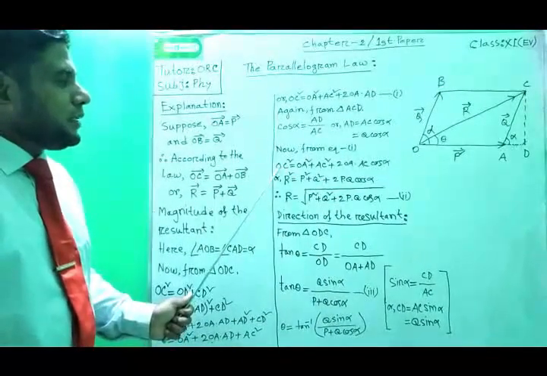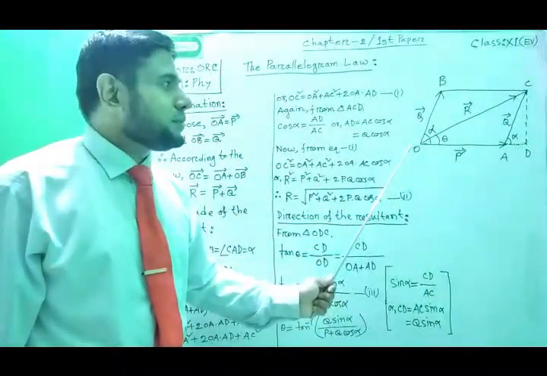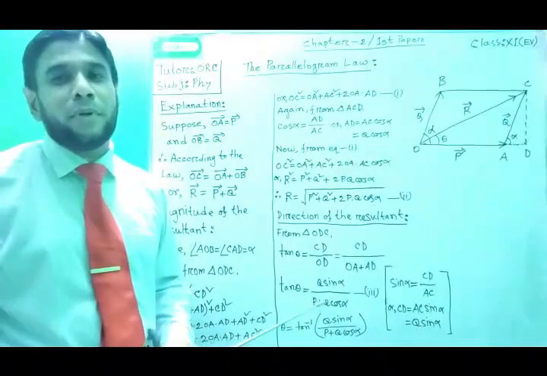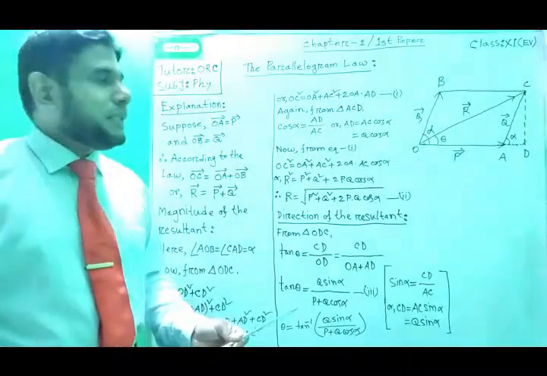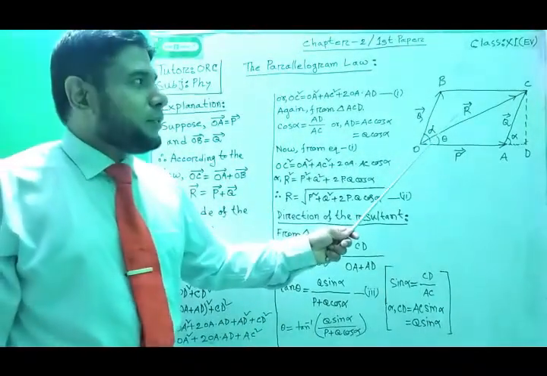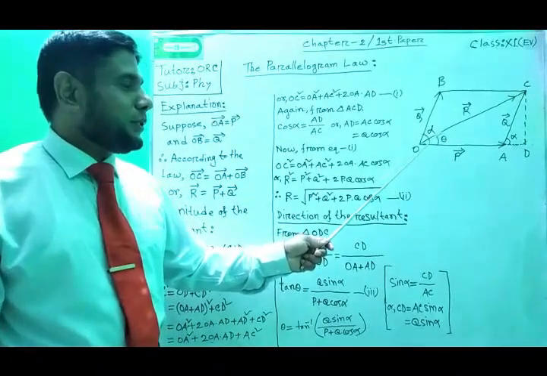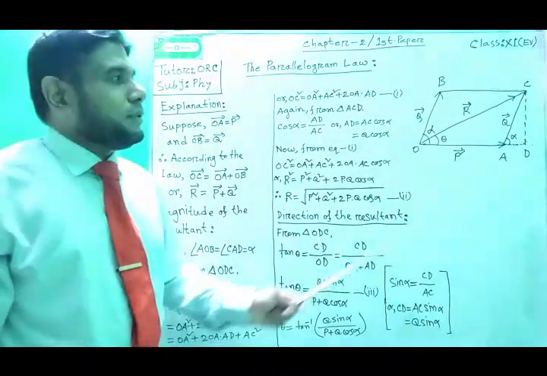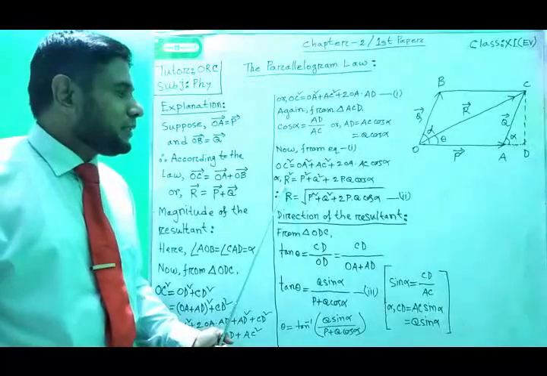Here OC indicates the diagonal of this parallelogram, and according to the parallelogram law, as we already stated, the diagonal expresses the resultant of two vectors. This is why in the place of OC we will write R, where R means resultant.